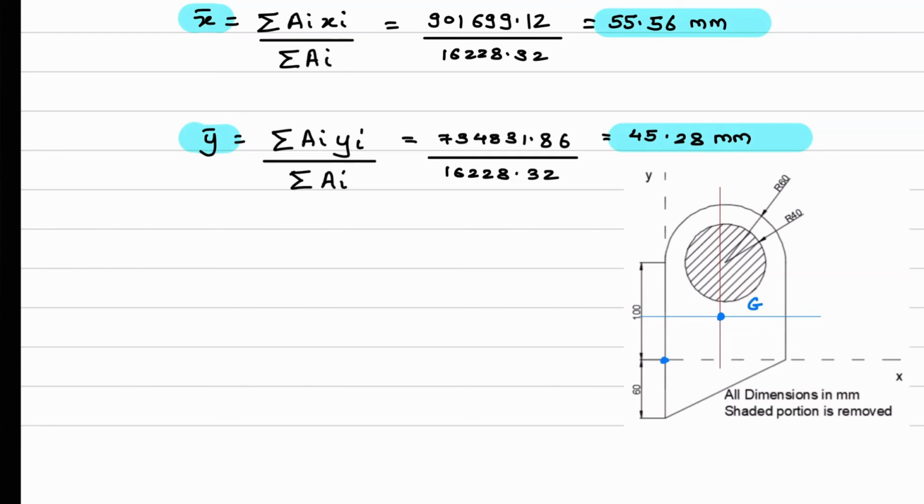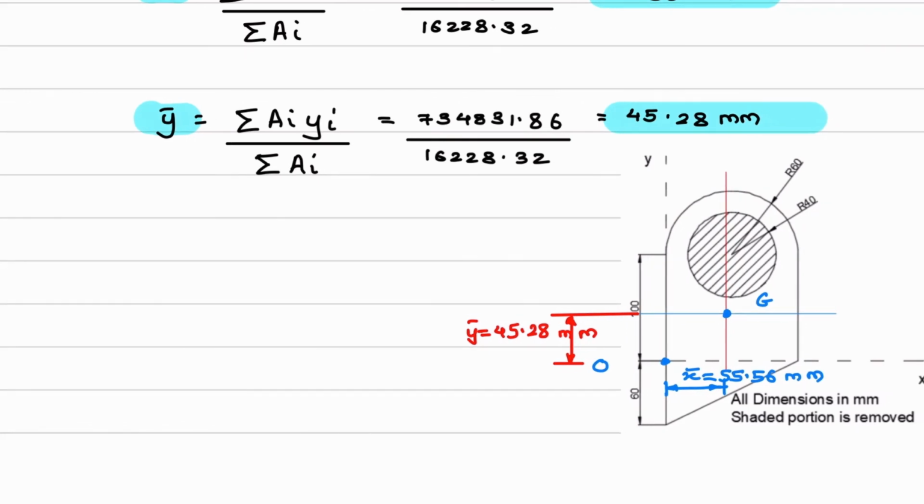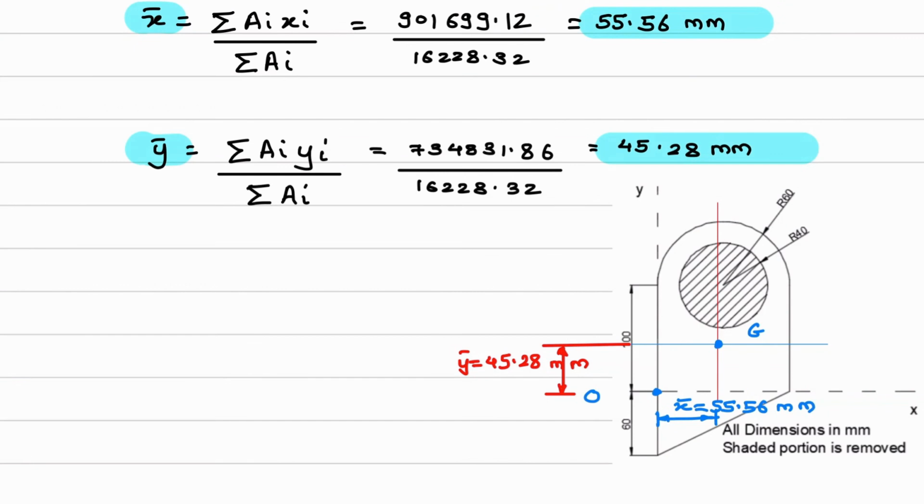With respect to point O, we have calculated X distance. Now how to represent this final answer? We have to show the diagram. Again draw the diagram and locate point O and locate point G. And we have marked X bar which we have calculated from point O to this point G, which is 55.56.